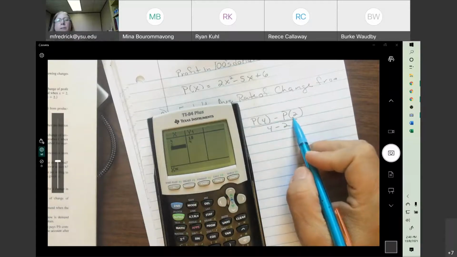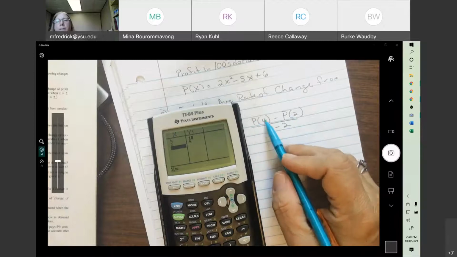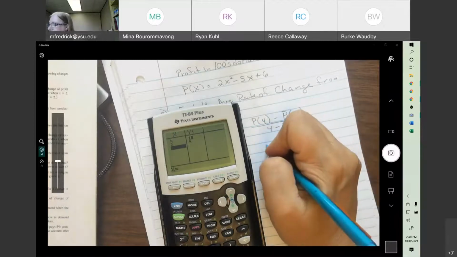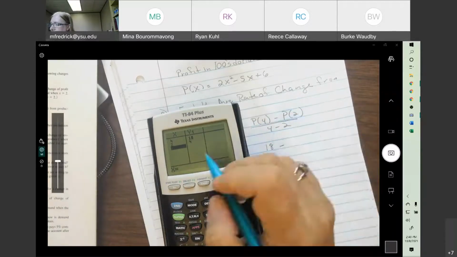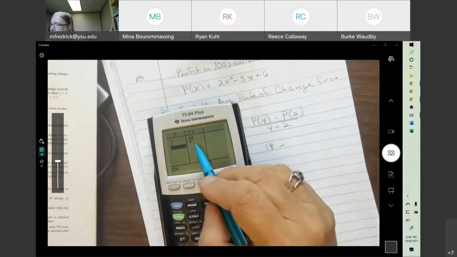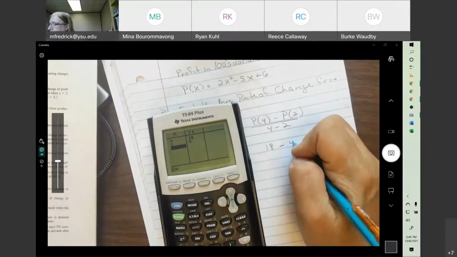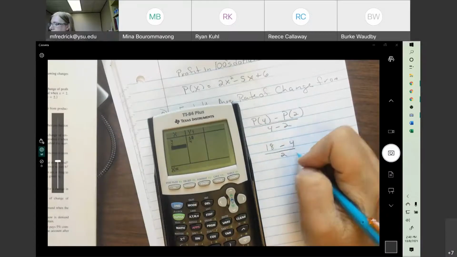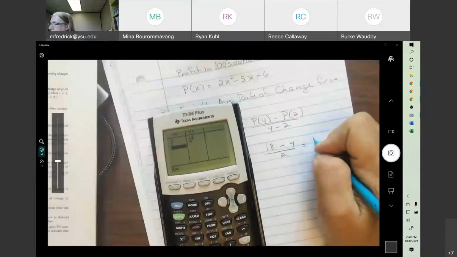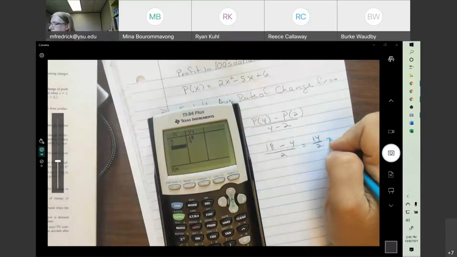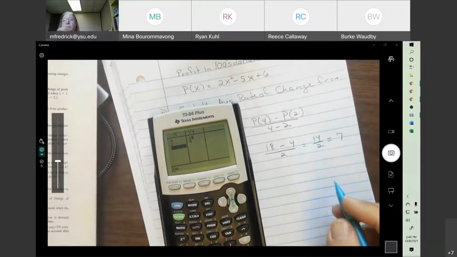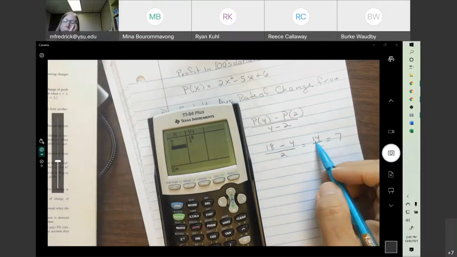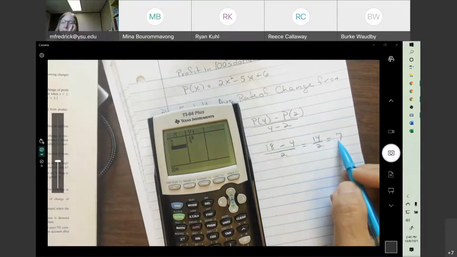So P of 4 is 18, and P of 2 is 4. 18 minus 4 is 14 over 2, which is 7.